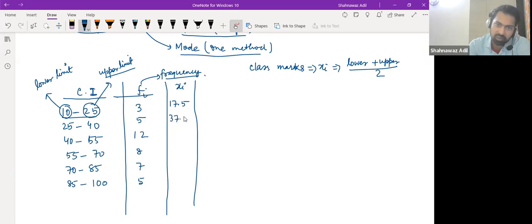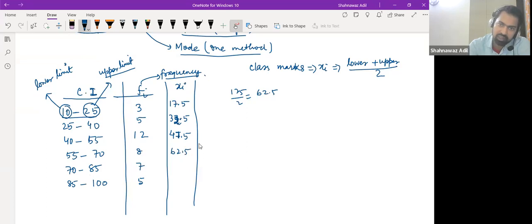And then 25 plus 40 is 65 by 2, which is 32.5. Then 40 to 55, so 95 by 2, which is 47.5. Then 55 plus 70 is 125 by 2, which is 62.5.